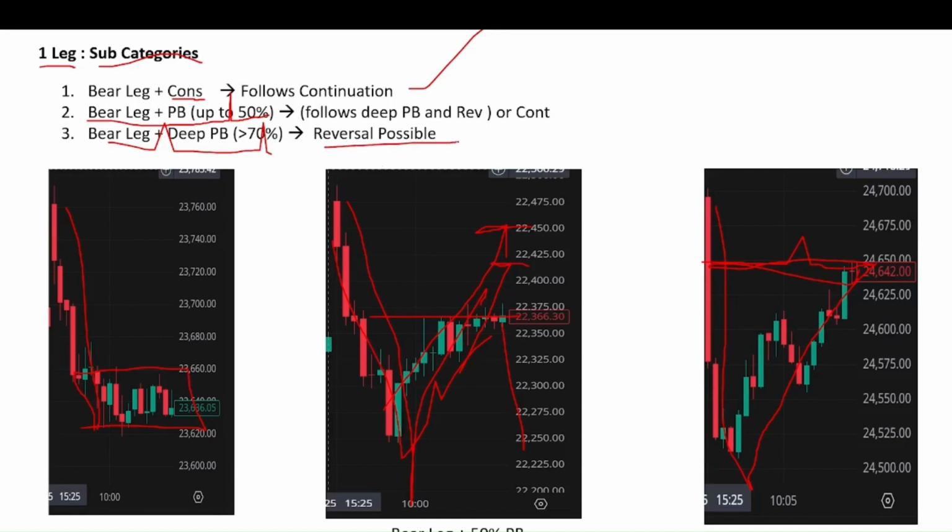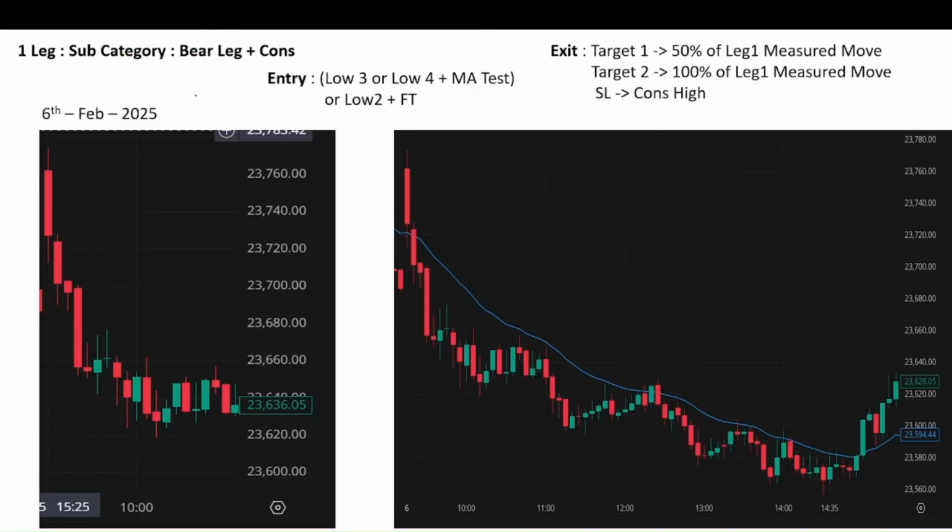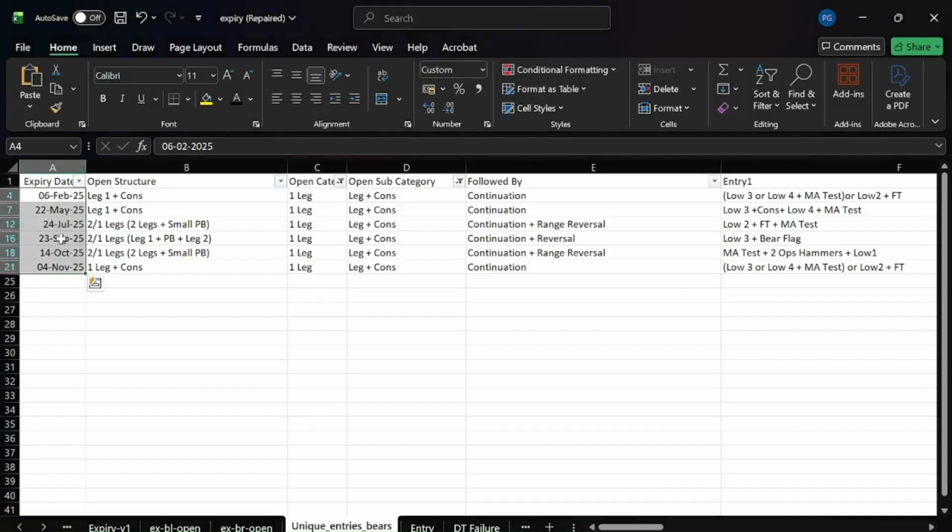In that case we should expect reversal. So let's see the first category, which is bear leg and consolidation by 10:50. These are all the days that have happened, and I will take you through each day of this category and this subcategory.